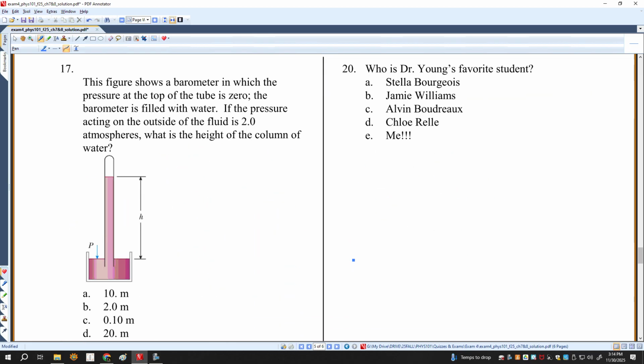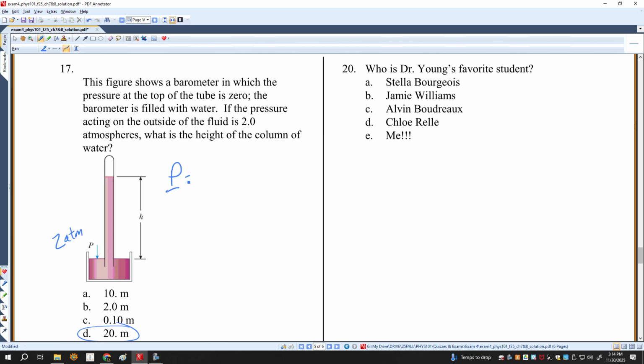Here I have a barometer, and I know that the pressure here is 2 atmospheres. Again, if you've been paying attention, you know that the answer is 20 because a barometer that's filled with water has a height of 10 meters. And so a barometer filled with water at 2 atmospheres would have a height of twice that, or 20 meters. But again, I don't have to really know that.